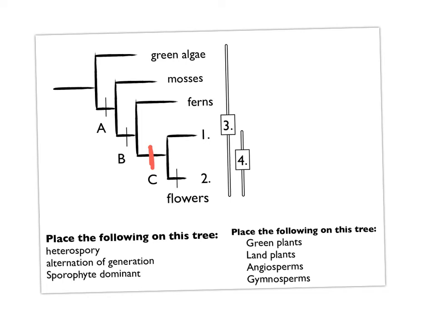Alternation of generations, A. Hold on a second. Sporophyte dominated life cycle. Okay. Green plants.